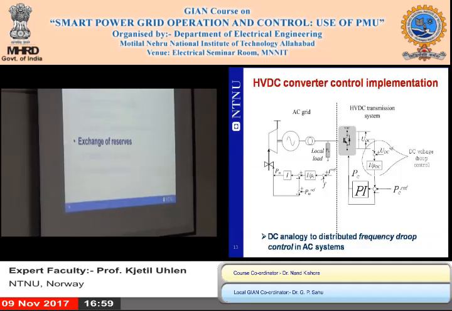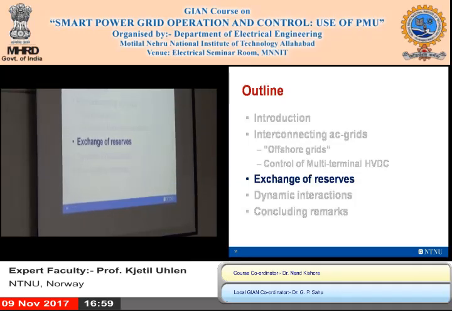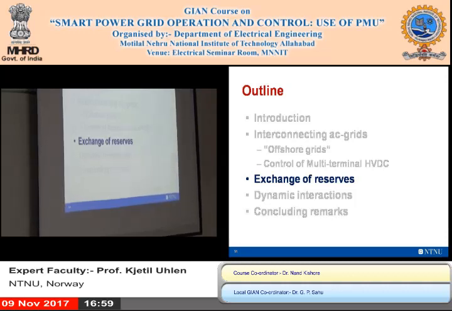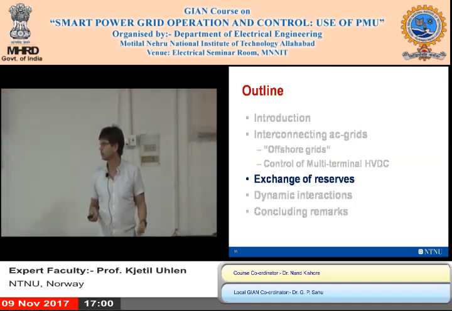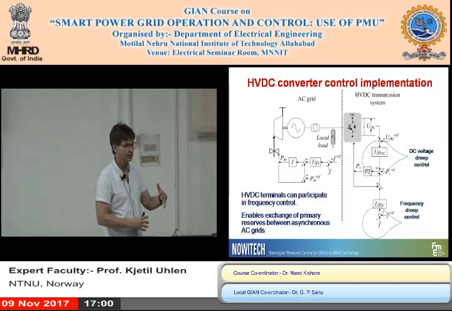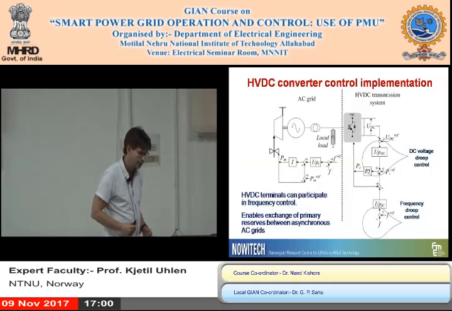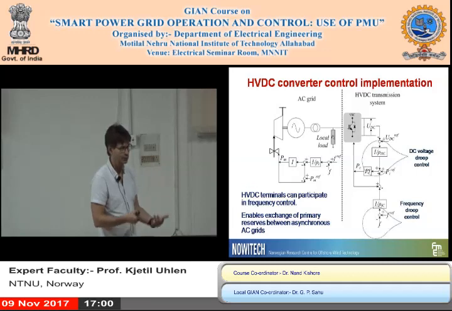And then this opens up many possibilities, among others exchange of reserve across the various AC networks. What you need to do then, because the primary reserves are activated from frequency deviations in the AC grid, right? You have the primary controllers which increase the power production when the frequency drops, and vice versa.